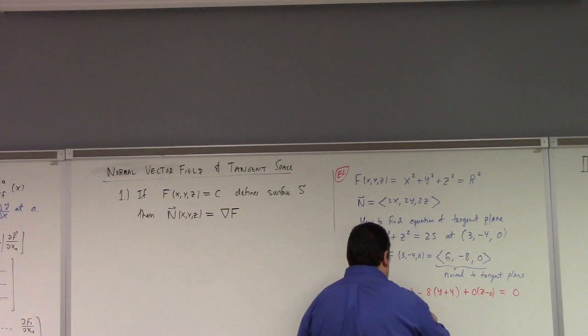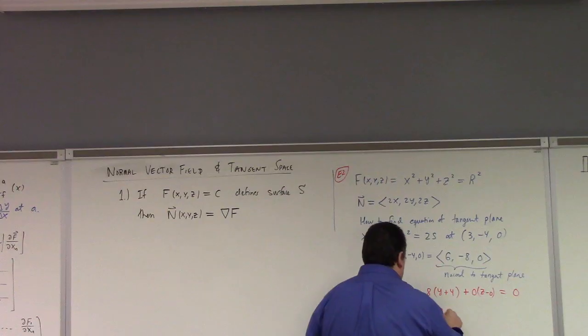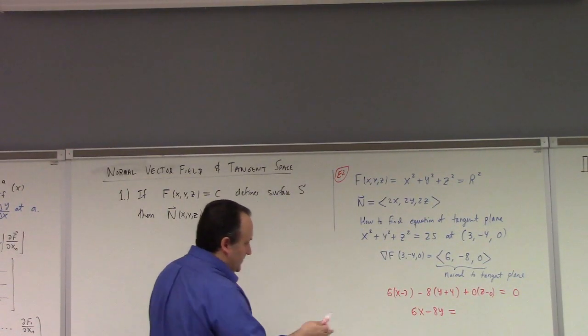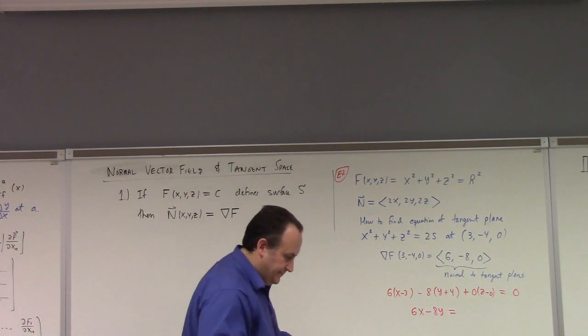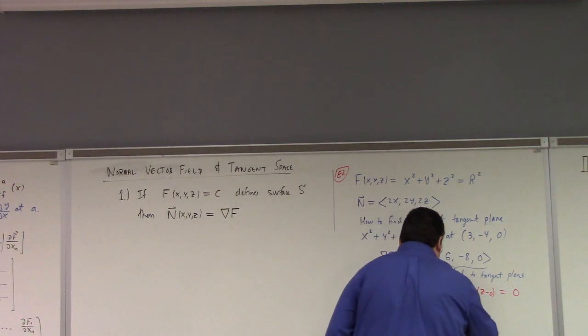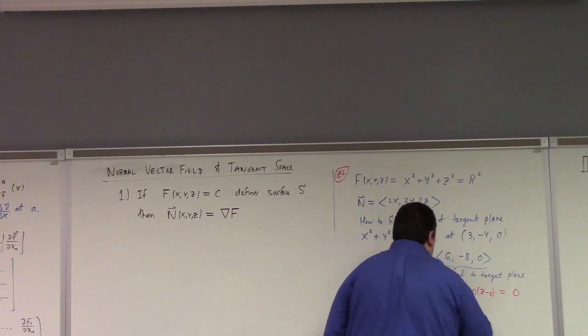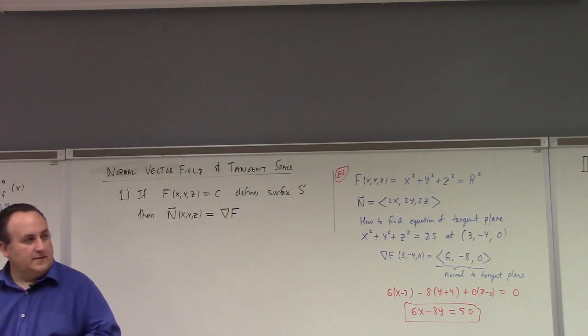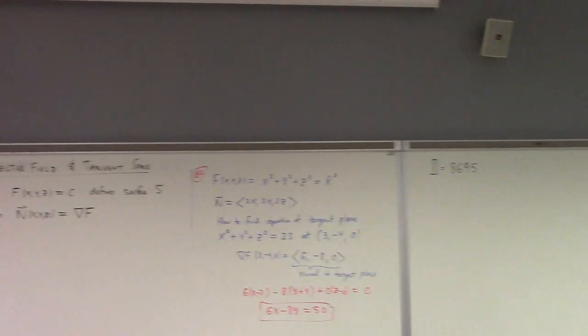In other words, we got 6x minus 8y equal to what? 18 plus 32, 50. So there you go. That, my friends, is the equation of the tangent plane to the sphere of radius 5 at the point (3, -4, 0).